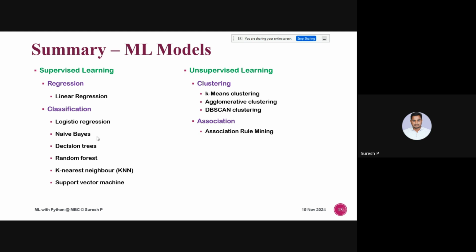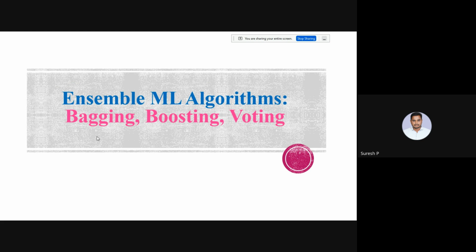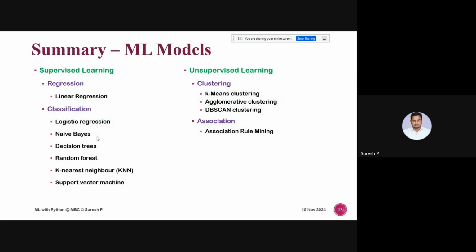Under clustering, we have three major algorithms: k-means clustering, agglomerative clustering, and DBSCAN clustering. Under association, we have association rule mining.